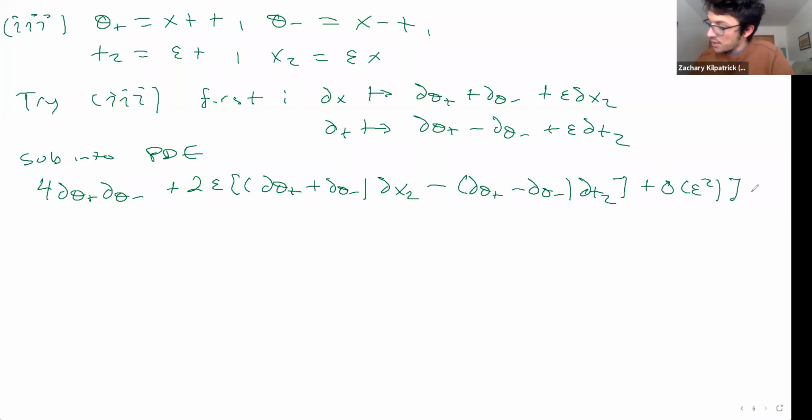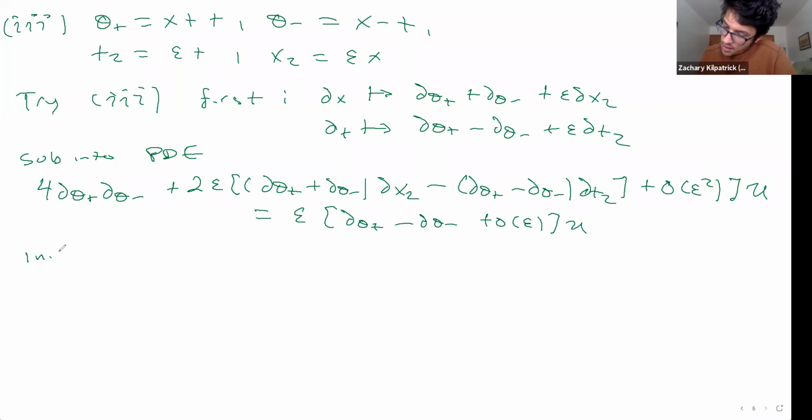Okay, and we're only going to go up to order epsilon, which is epsilon d theta plus minus d theta minus plus order epsilon terms u. Okay, so along with this, we need to remember our initial conditions, okay, which now are for any x.